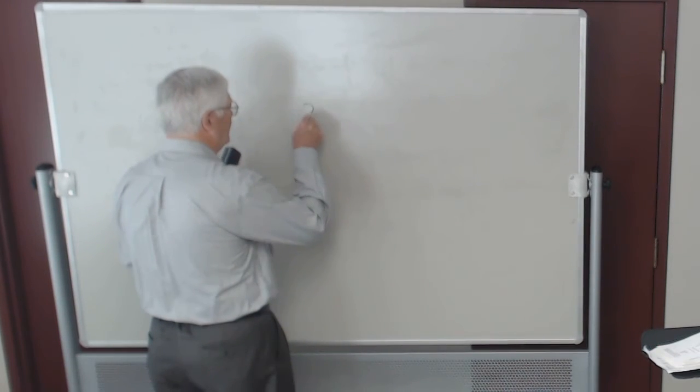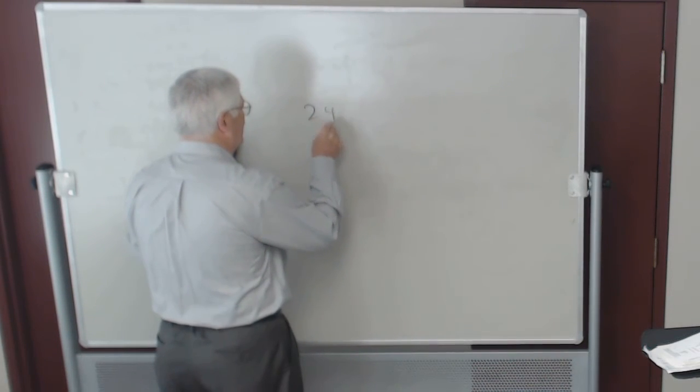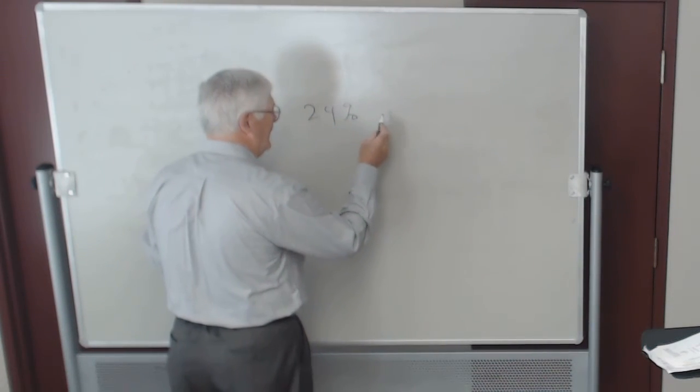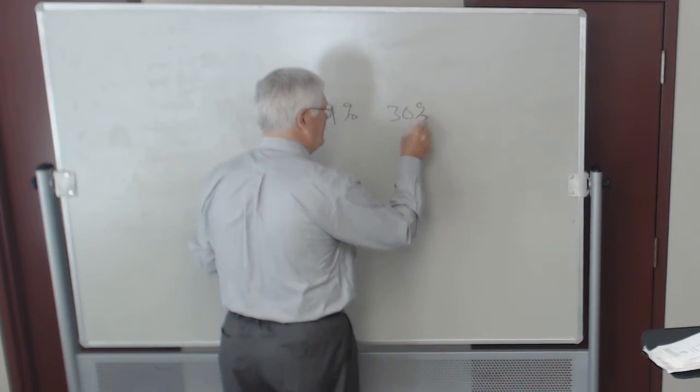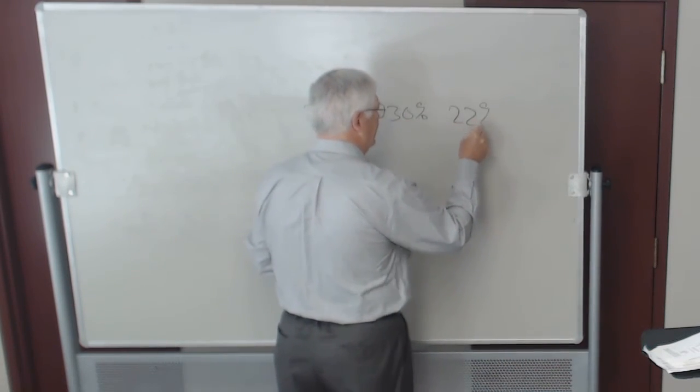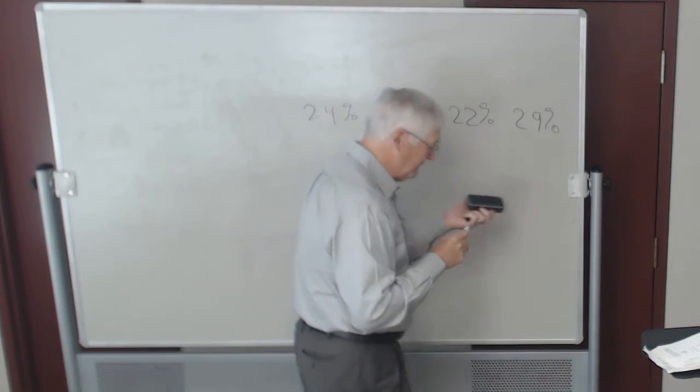The one for 95 is 24%, and then 30%, and then 23%, and then 29%. Okay, everybody see where those numbers are coming from?